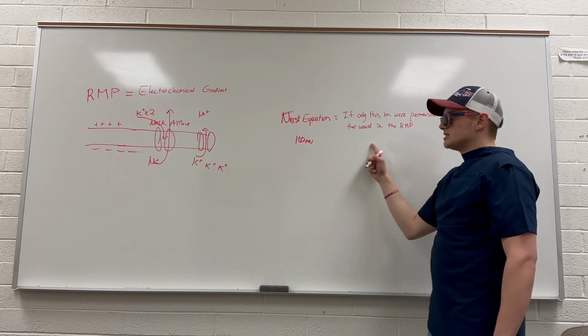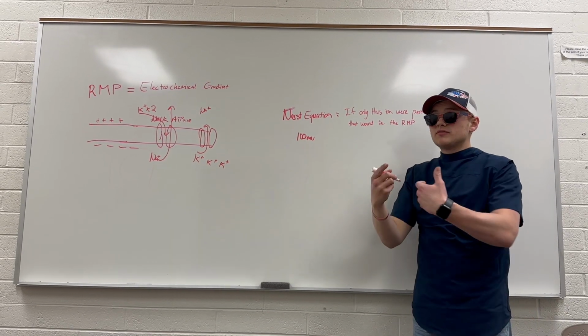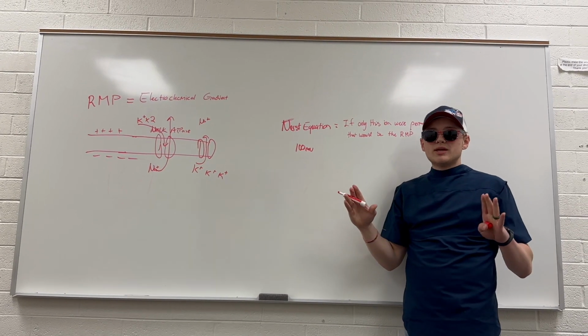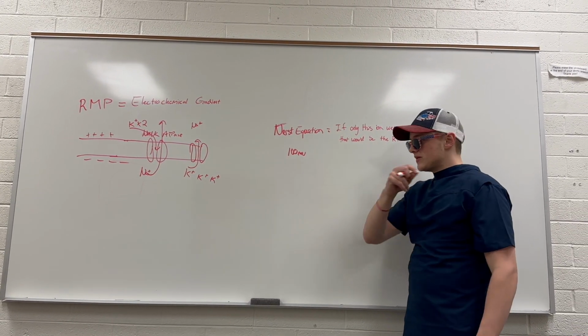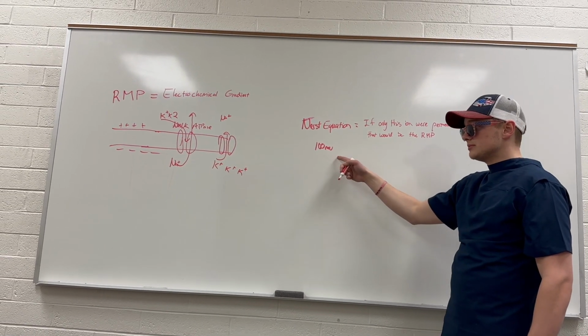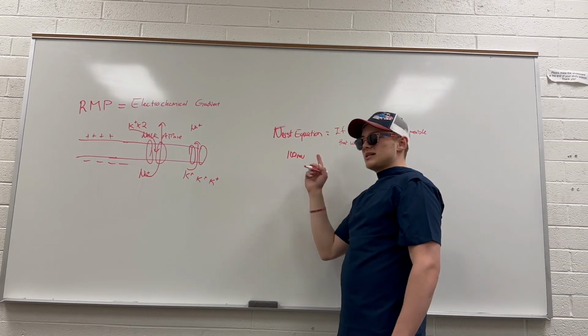So let's say potassium has a Nernst value of 100 millivolts. That means if I left potassium to its free will and it were 100% permeable, then my resting membrane potential would be 100 millivolts. Cool. But that's not enough of the story.